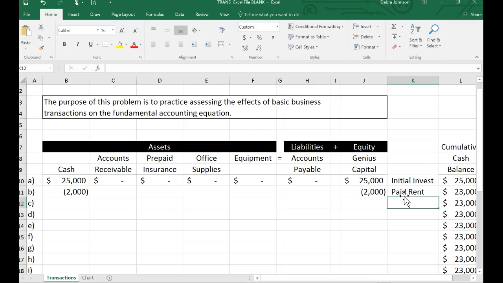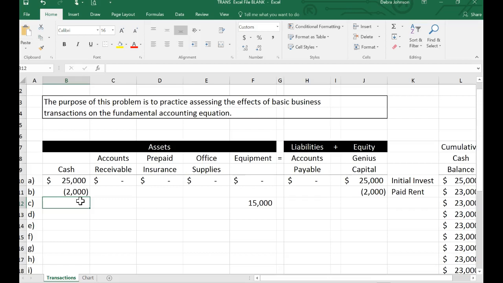Let's do one more. Letter C says, purchased equipment to be used in the business for $15,000, paid 20% down, and the rest on account to be paid 30 days later. Okay, think of what's happening with the basic accounting equation. I'm going to come over to the equipment account, and that went up by $15,000. And how did I pay for it? I paid a partial amount in cash and the remainder on account.